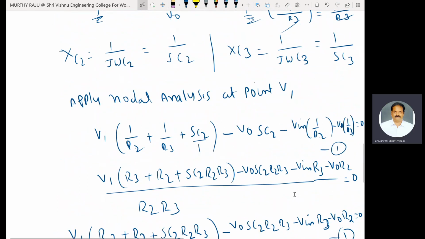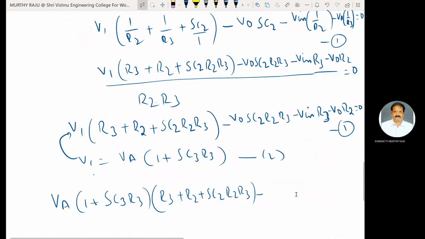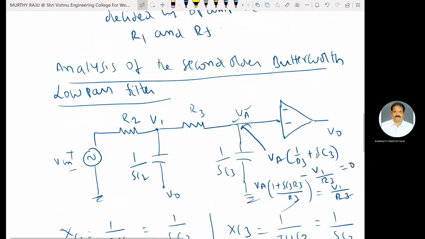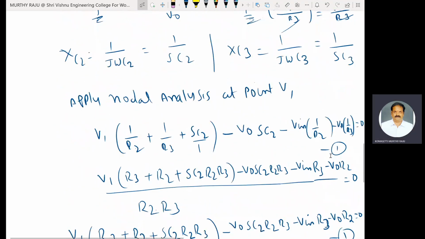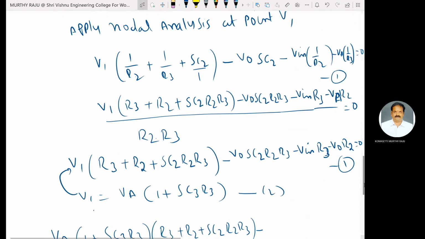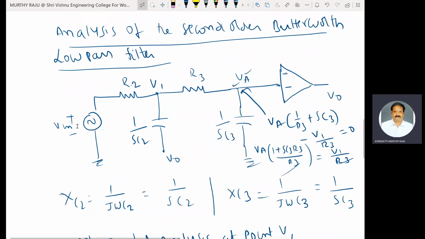One more important correction: the adjacent voltages of V1 are Vin, V0 and VA.